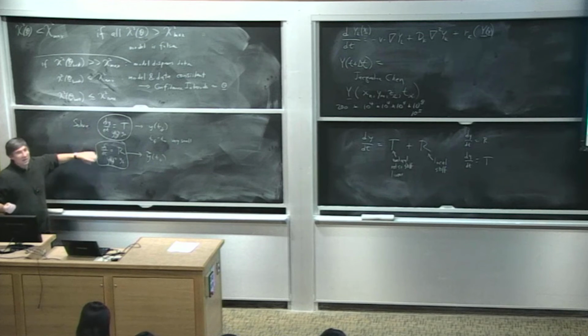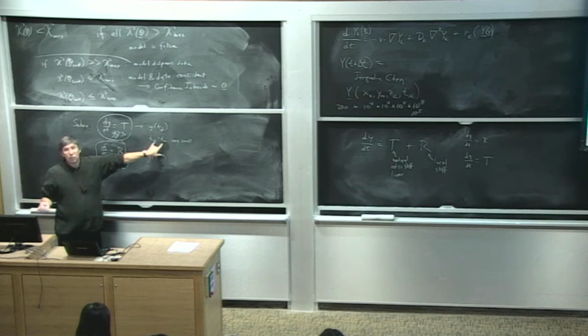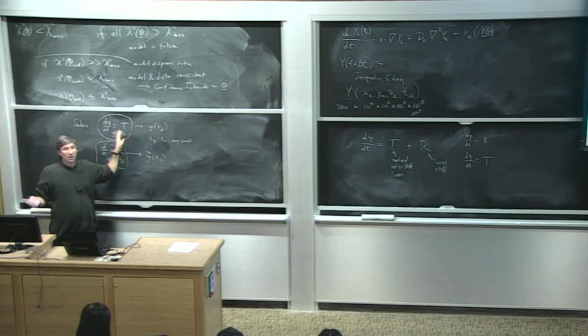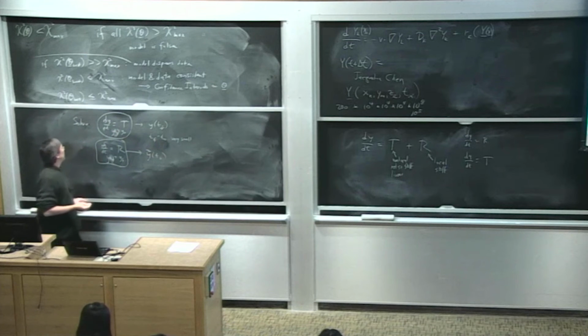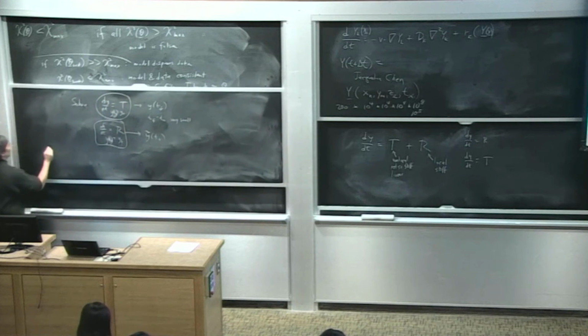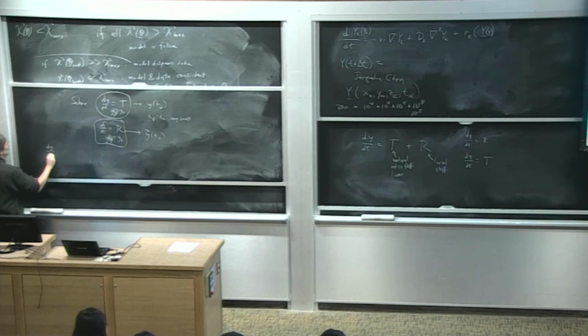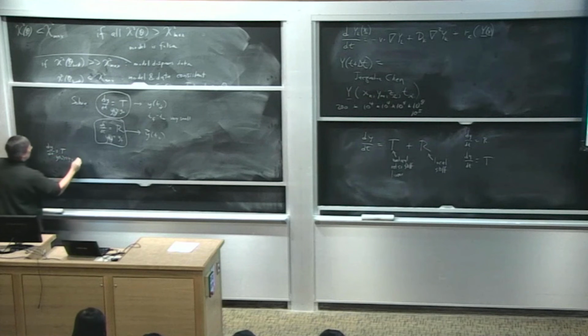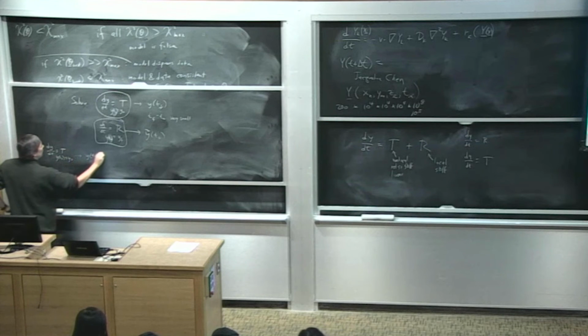Now, if you do it this way, it doesn't work very well. You need to make this delta t incredibly small to get any accuracy. However, you can do a slightly more clever version, which is I solve dy dt equals to t starting from y t naught, so y naught, and I solve this to give me y at t plus delta t over 2.